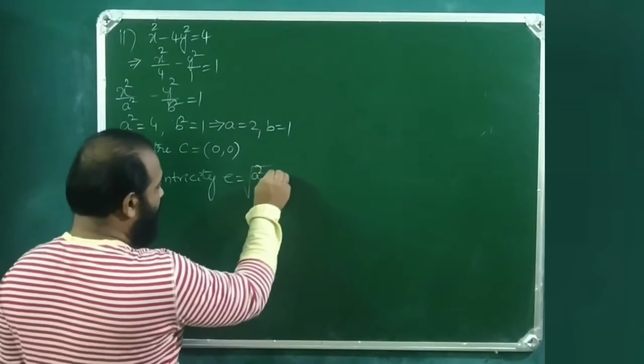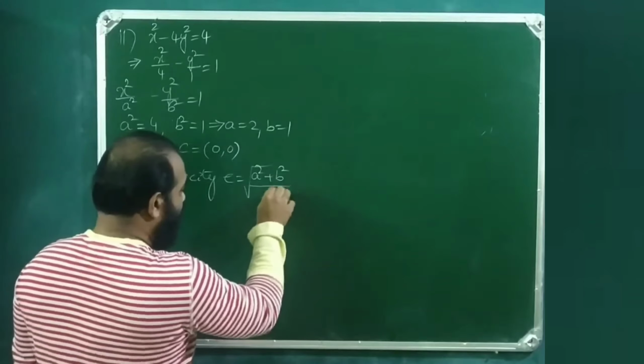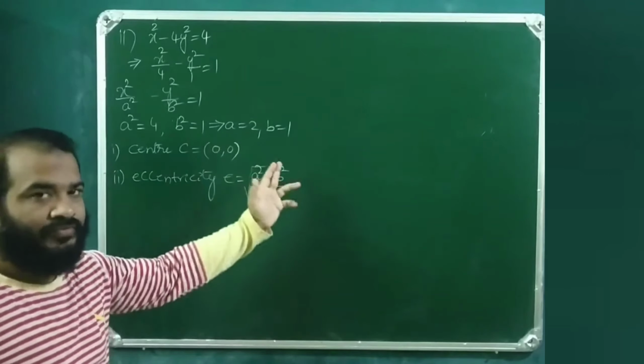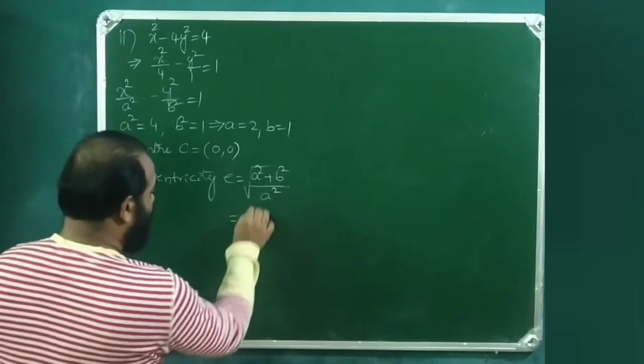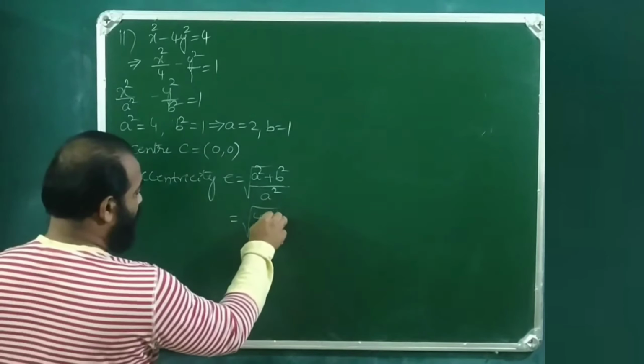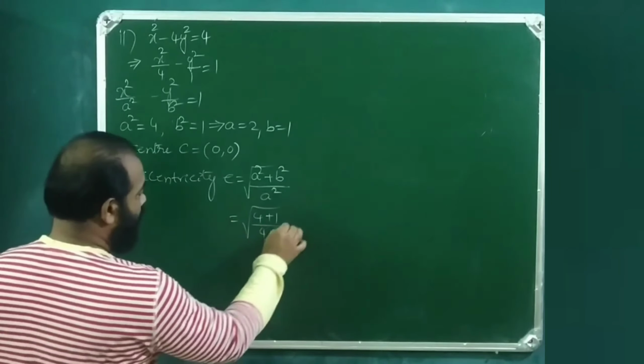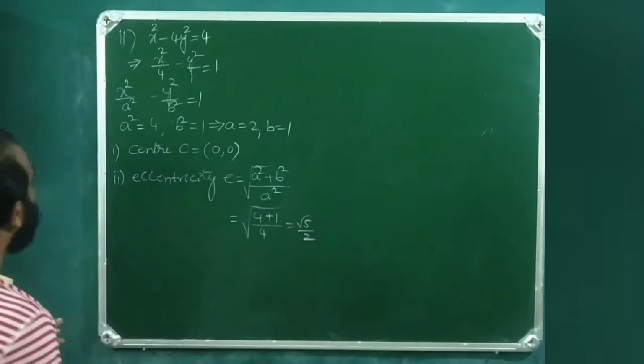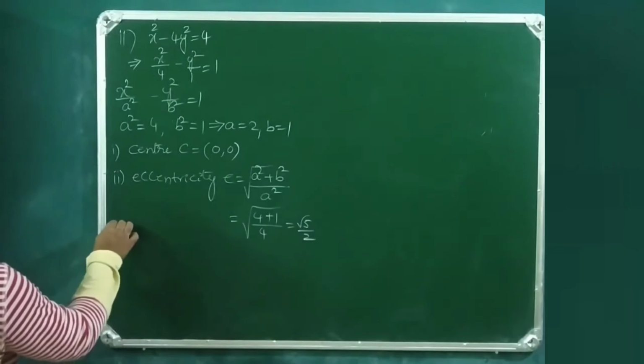So a square plus b square by a square. Remember, this is a square minus b square by a square for an ellipse. So square root of 4 plus 1 by 4, so root 5 by 2. Root 4 is 2.